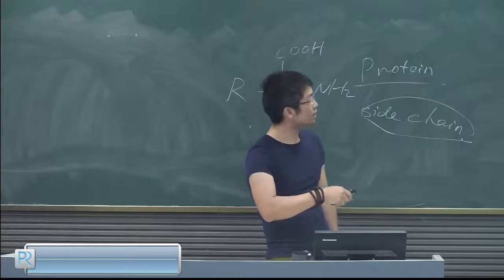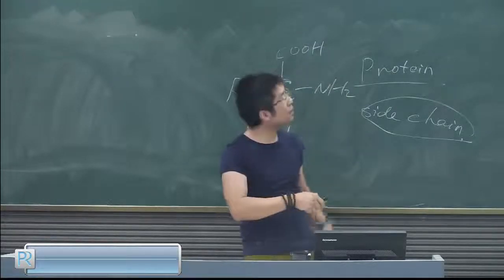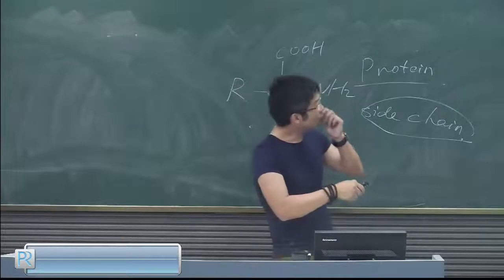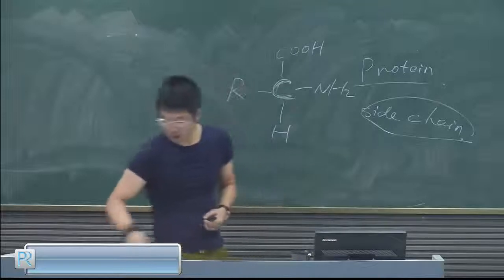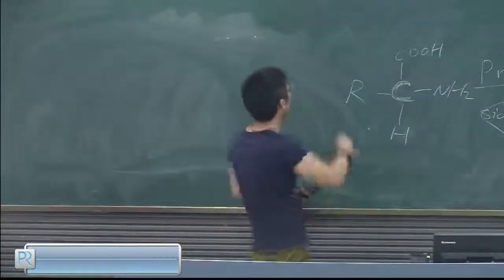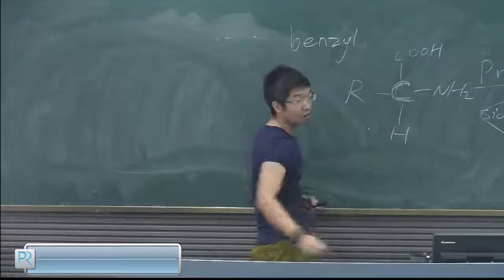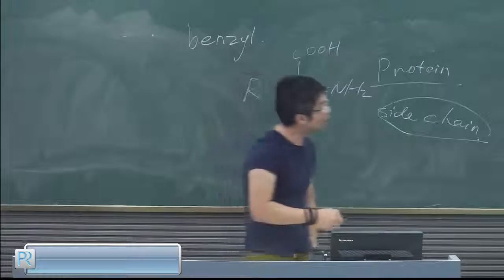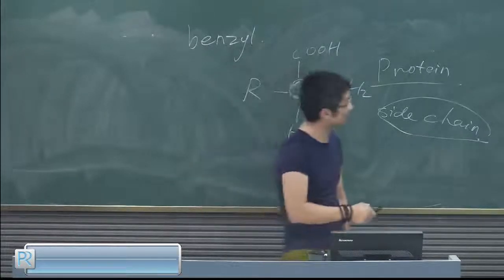proline, cysteine, and phenylalanine. Phenylalanine is a combined word of alanine and phenyl. Do you know phenyl? Phenyl means a benzyl, right? It's a specific group for phenylalanine. And tyrosine. Tyrosine is another kind of amino acid.